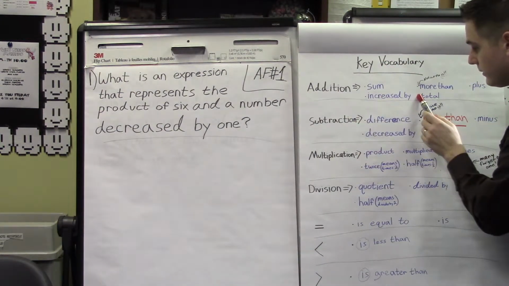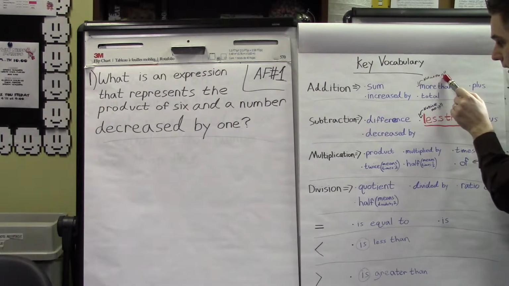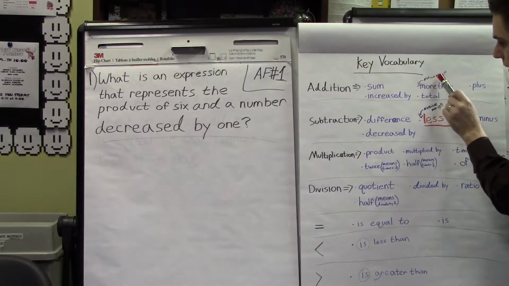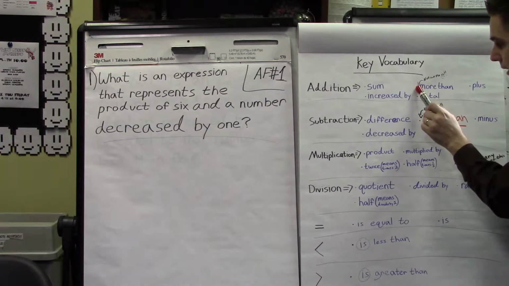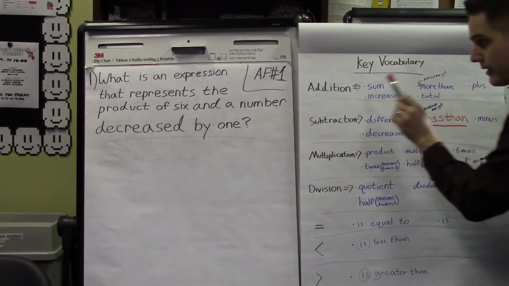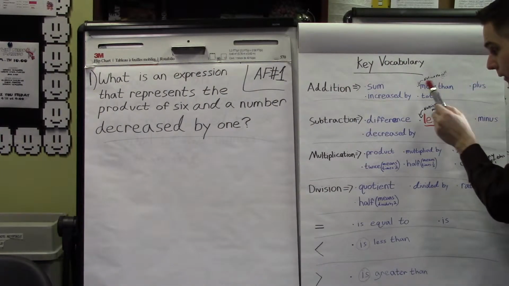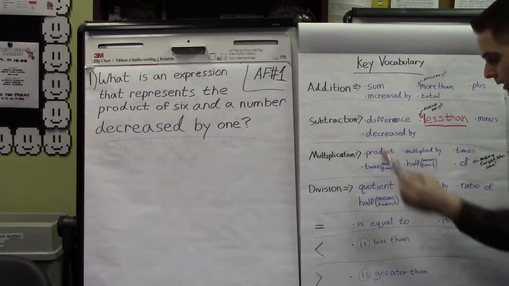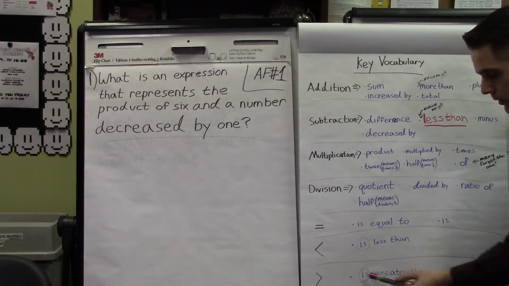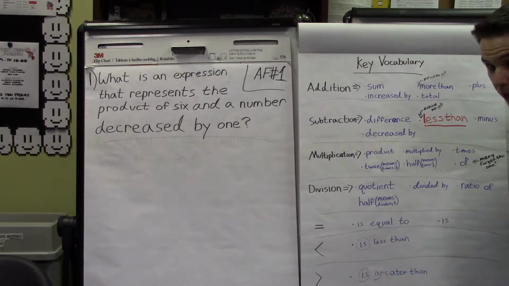Under addition, you'll notice I've got a little note here for notice no is. I don't know if you can read it or not, but it says notice no is. There's no is in front of the more than. When you see any of these words, that's telling you what problem wants you to add. If you see more than, it means add. If you see is more than or is greater than, that is telling you it's an inequality sign.